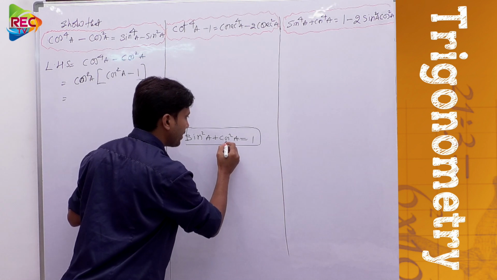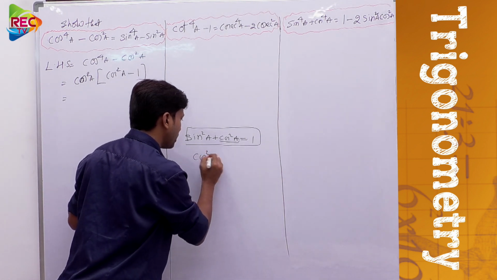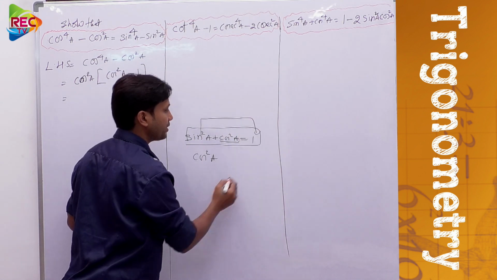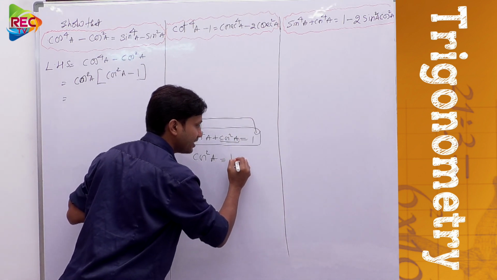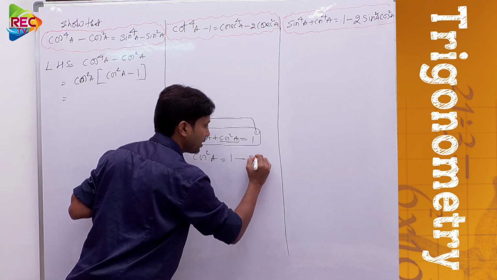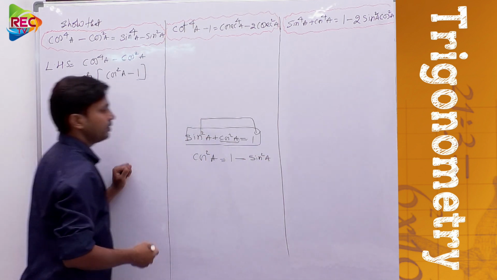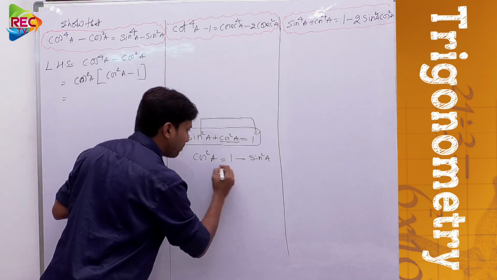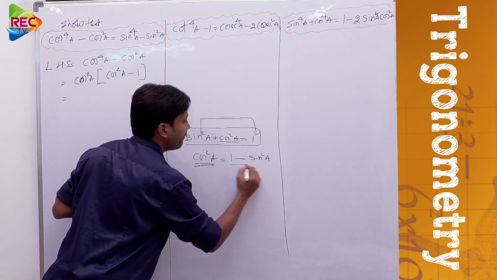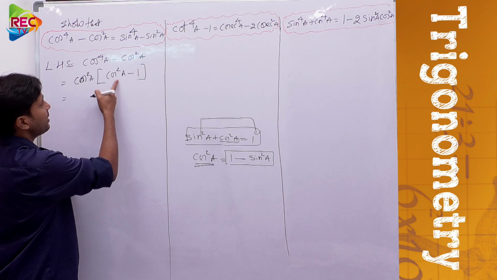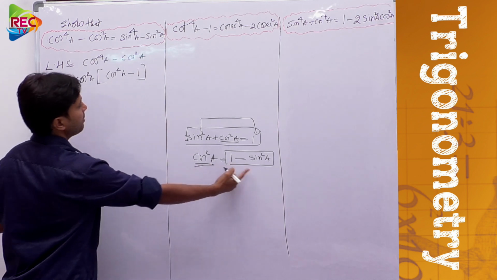Put cos square a on this side and take the sin square a to the other side of the equation, then its sign changes. So plus sin square a converts to minus sin square a, right? We can replace this cos square a with 1 minus sin square a, or not? Exactly.